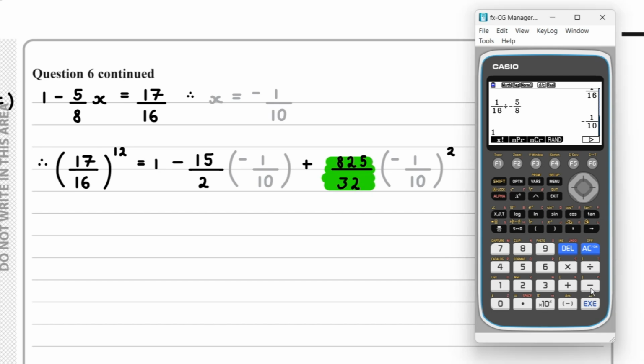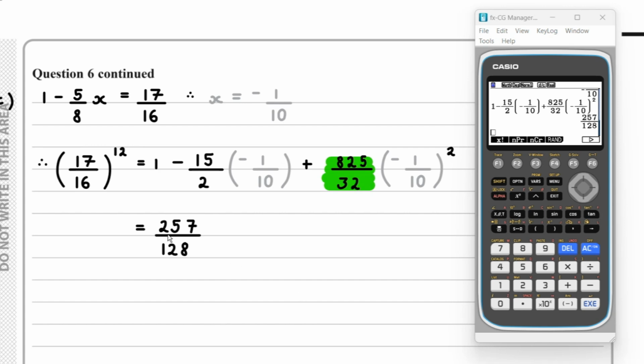So we have 1 subtract 15 over 2 multiplied by negative 1 over 10 plus 825 over 32 multiplied by negative 1 over 10 squared.